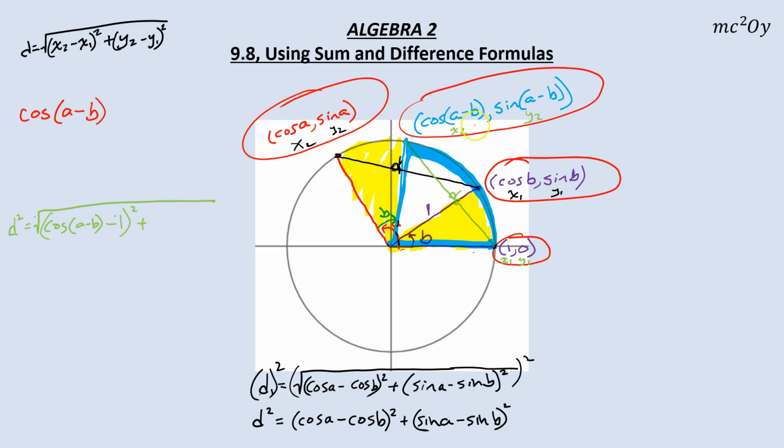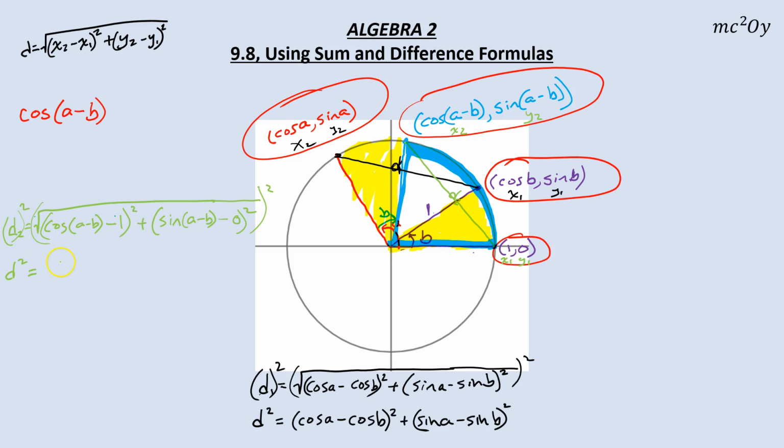plus the sine of A minus B minus 0 quantity squared. Okay, and so if we square both sides, remember to get rid of the square root symbol, we'd end up with d squared is equal to, sorry, this wasn't d squared to begin with, it was d sub 2.